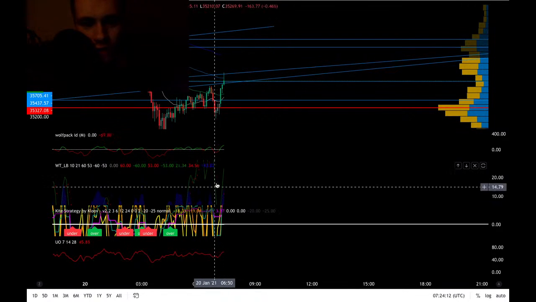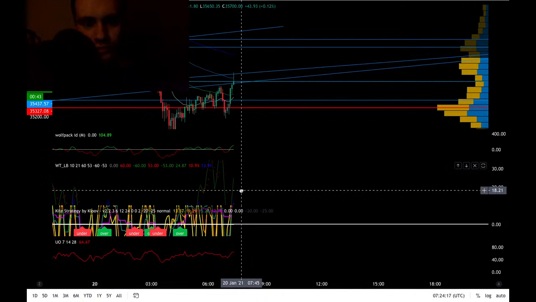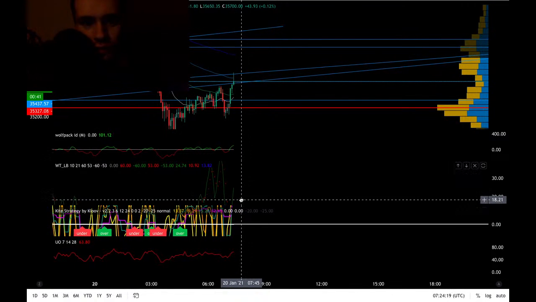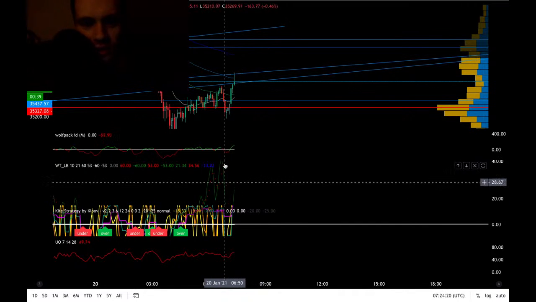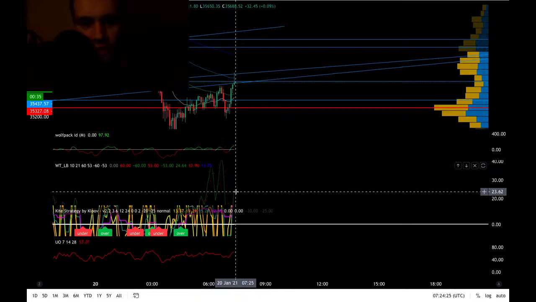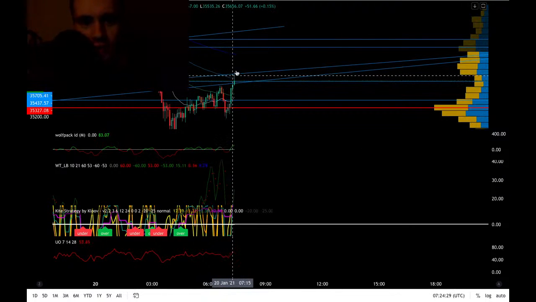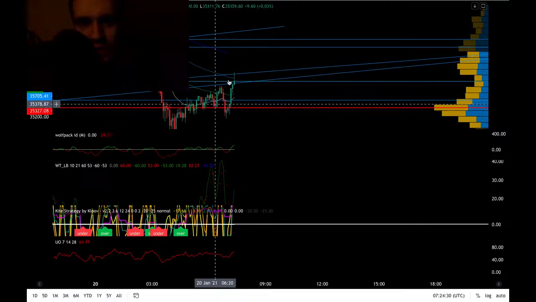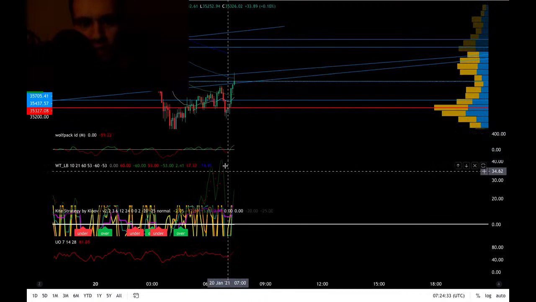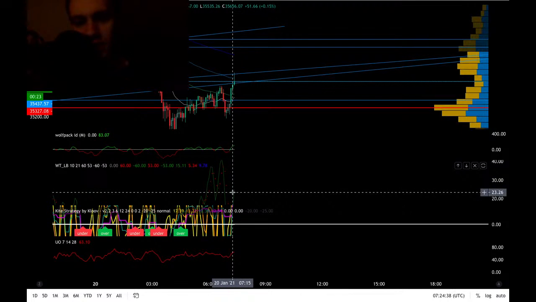And then no divergence, at least in the immediate short term. Oh, well, yeah, there is divergence, because you have this high, and then you have this lower high, and then you have this high, and then you have this higher high. So a little bit of divergence on the WT, the wave trend, which is essentially the MACD.